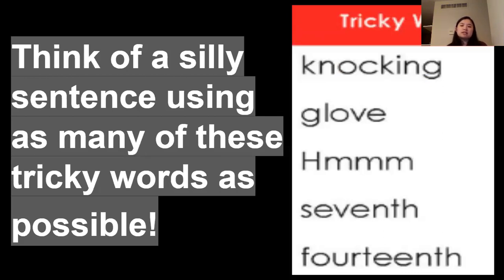All right, let's try to make a sentence using as many tricky words as we can in just one sentence. Okay, I'm going to try it, and then I'm going to give you a little time to think of your own. So, at the 7th hour of the day, in the morning, this is hard.